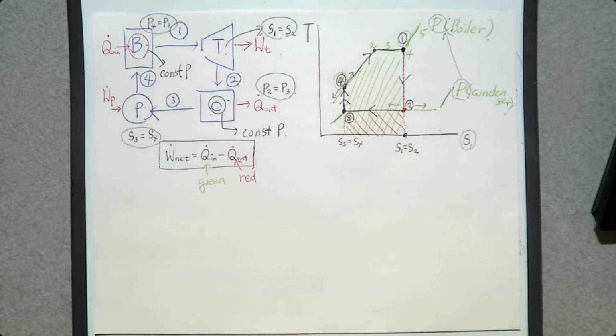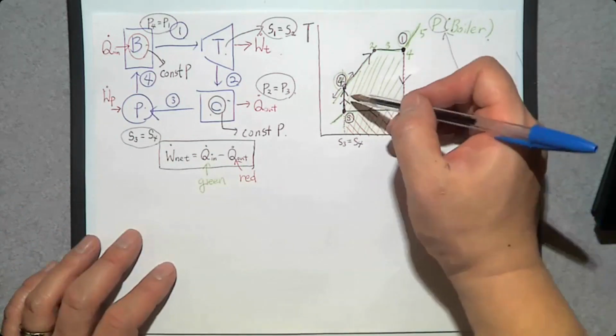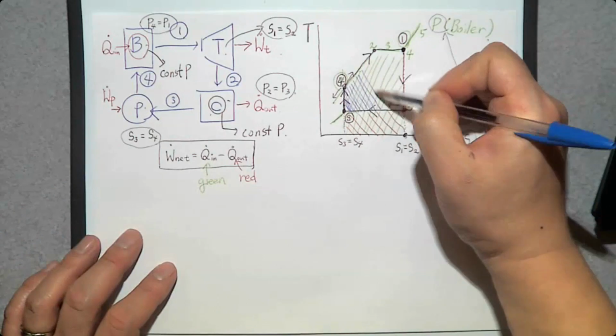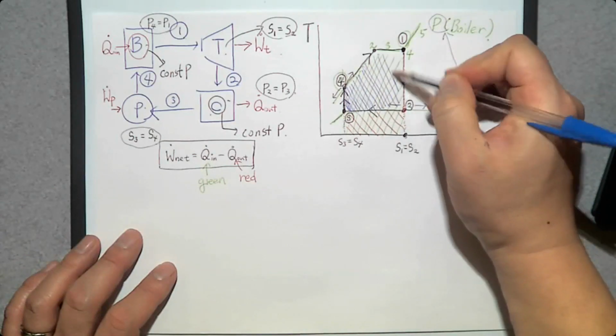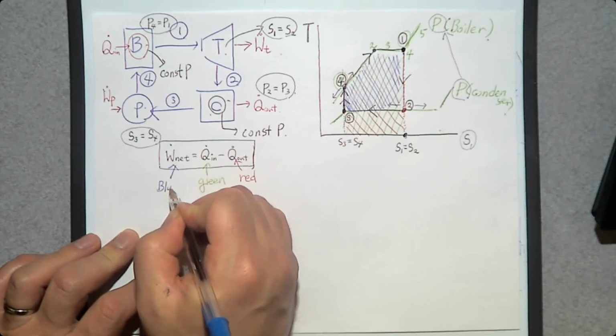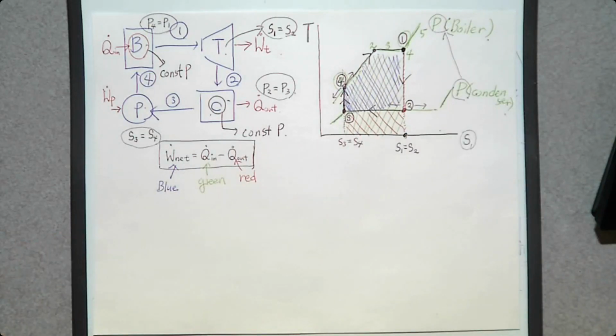What is green minus red? This blue. So the net power you can produce by this Rankine cycle is the enclosed area on the TS diagram.